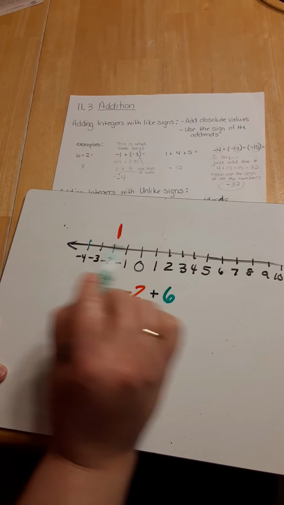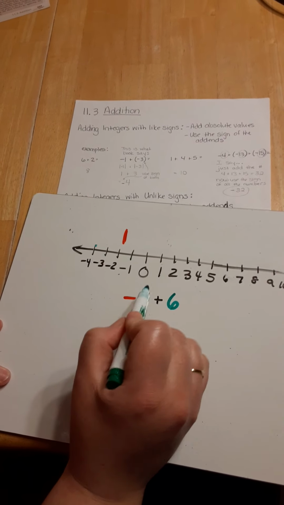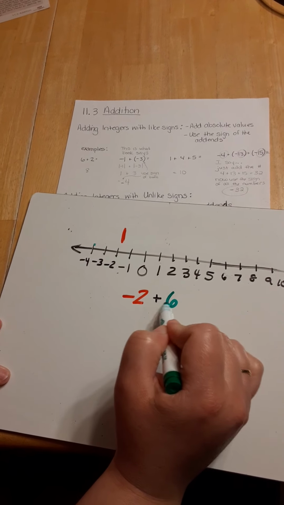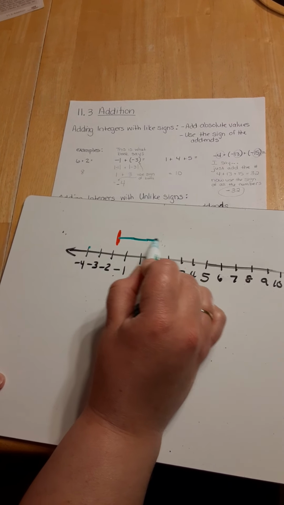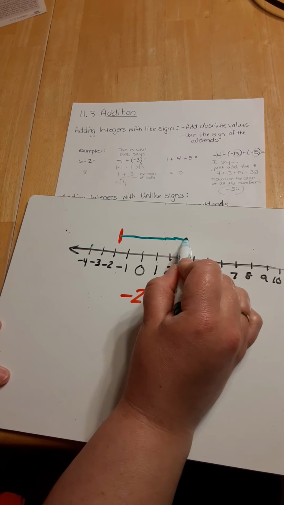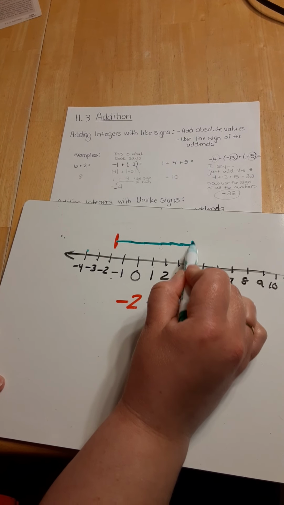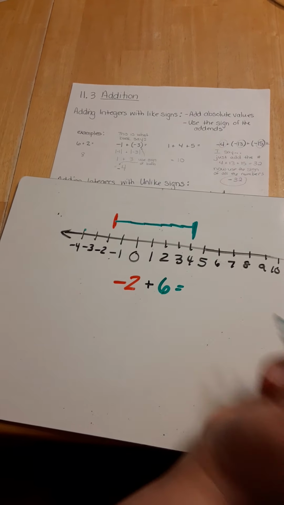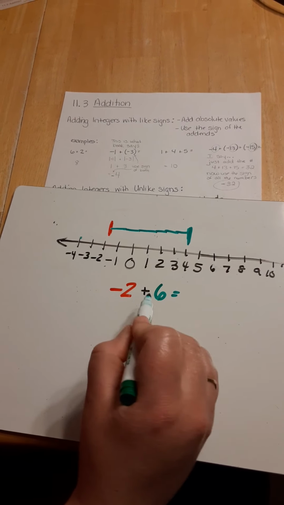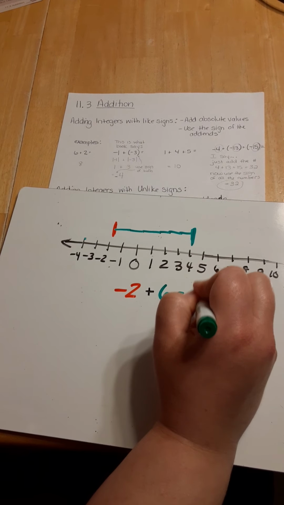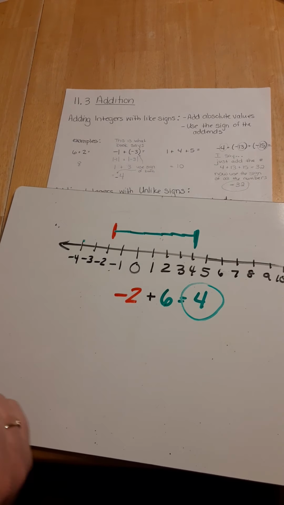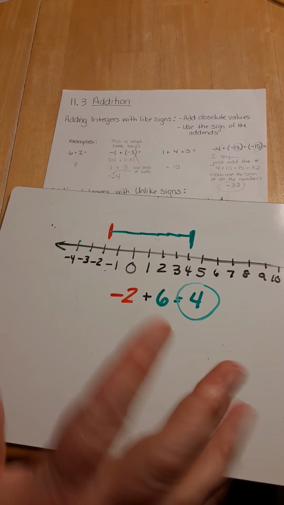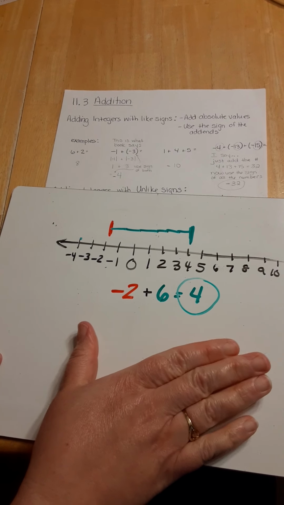So I need to move in the right direction, and I'm going to end up adding 6 units from my negative. So 1, 2, 3, 4, 5, 6. And I end up right here at 4. So my answer to this problem, -2 plus 6, is +4.